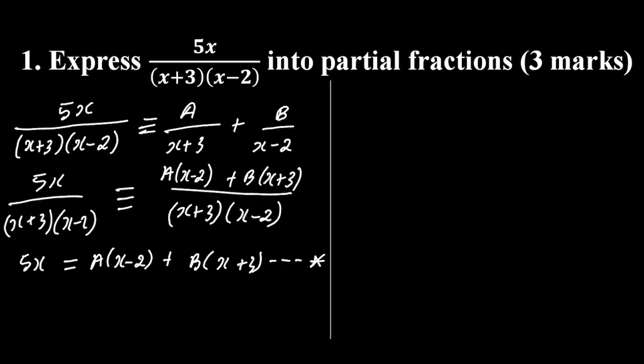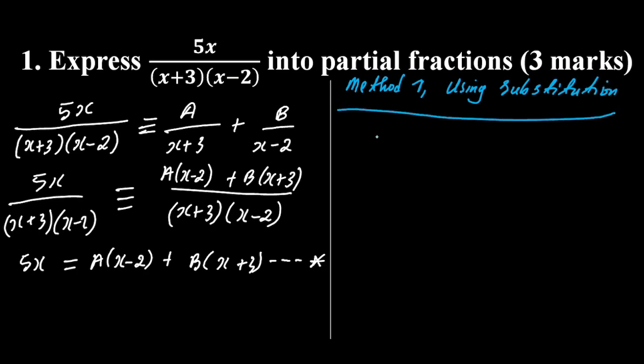Now to look for the values of A and B, we have to use either substitution or compare coefficients. The two methods that we're going to look at in this video: the first is method 1, using substitution.